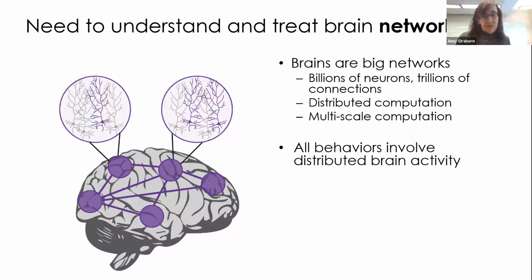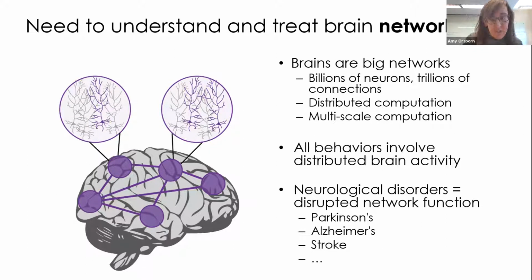And this is going to be true for pretty much any behavior. If you think about reaching out and grabbing a cup, it's not just involving the motor areas as I'm moving my arm, but we also have visual areas, sensory areas, seeing the glass, understanding when I'm making contact, and so on. And so this is also going to be true for most any neurological disorder. They all involve some disruption to this network within the brain.